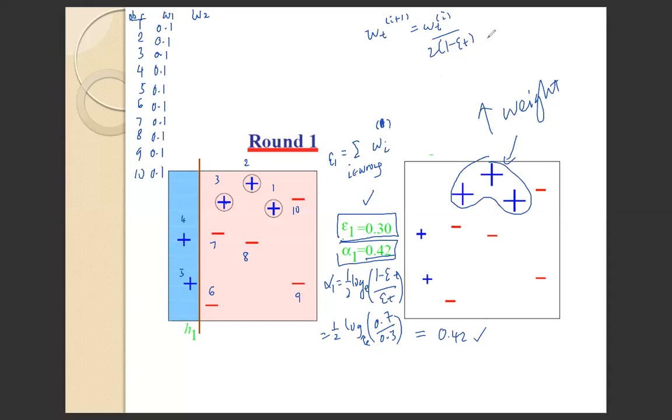This one is for the wrong classification. Right? Okay. So if you have correct classification, it will be over 2 epsilon_t, right? This is the right classification.